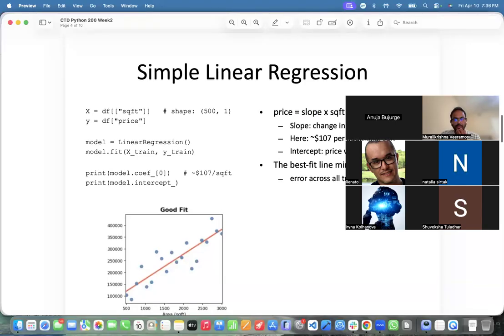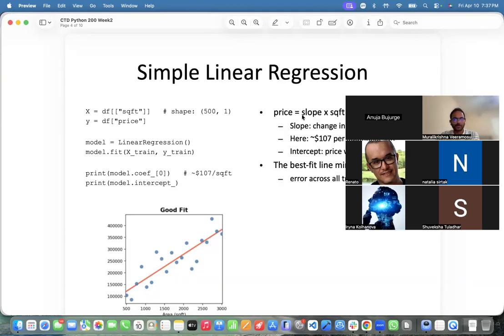I think it will be slope times square feet and distance.